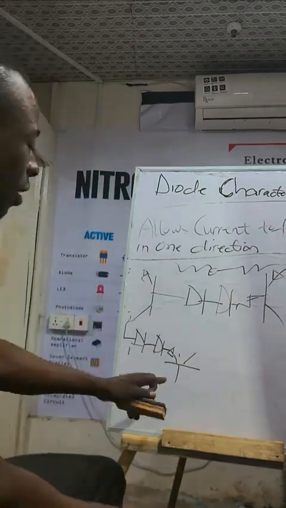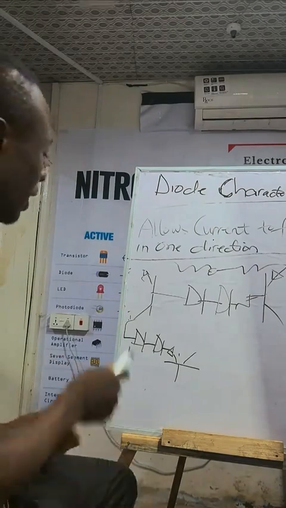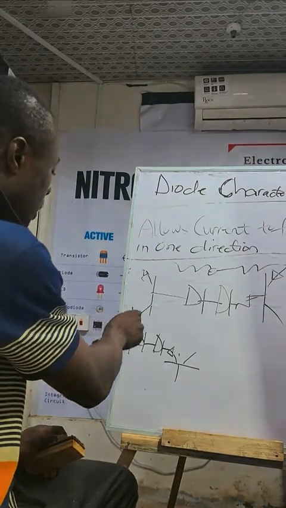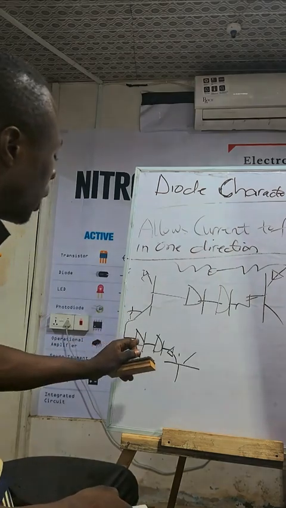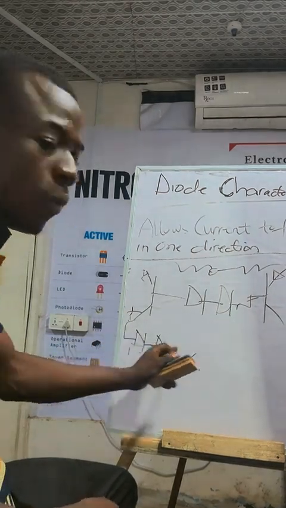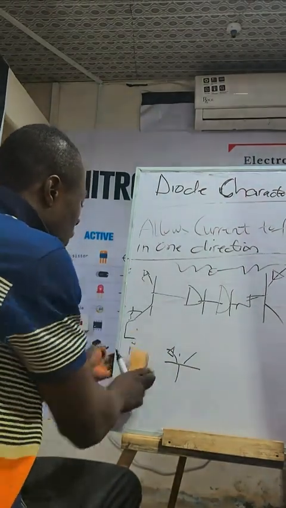Imagine I'm having a circuit like this. You see that here will be positive volts penetrating in through the negative side of the diode. The current will flow. So imagine I do it like this.